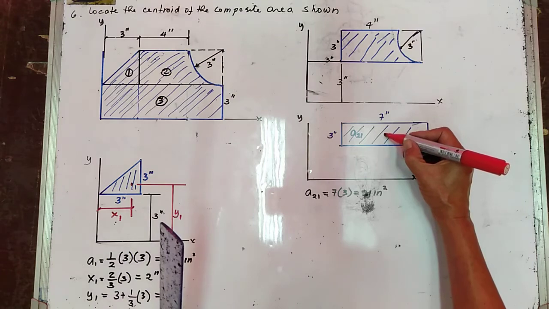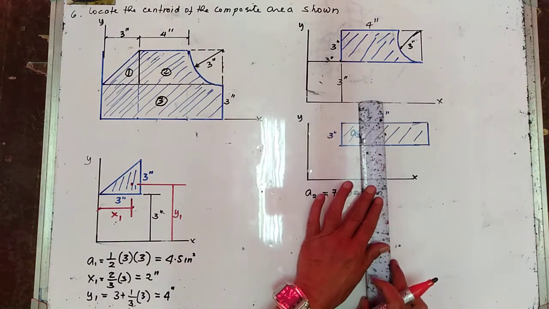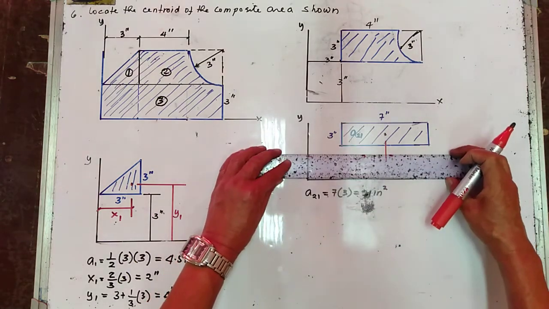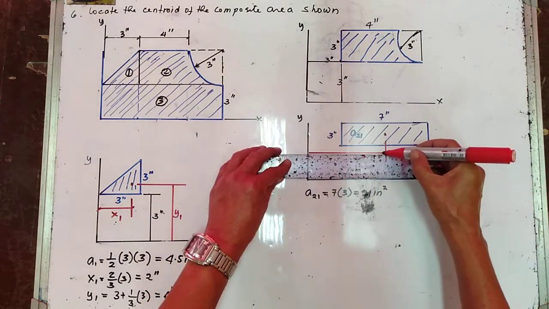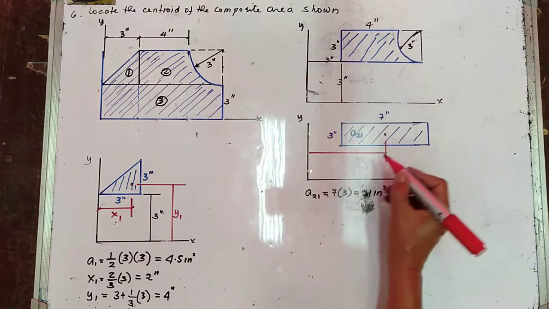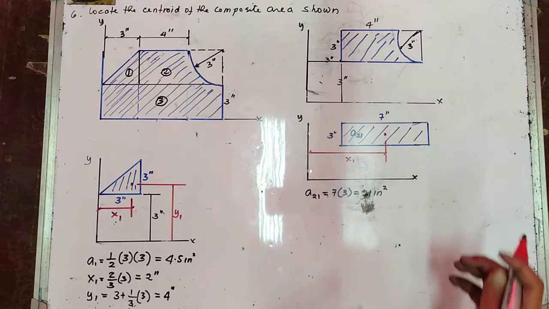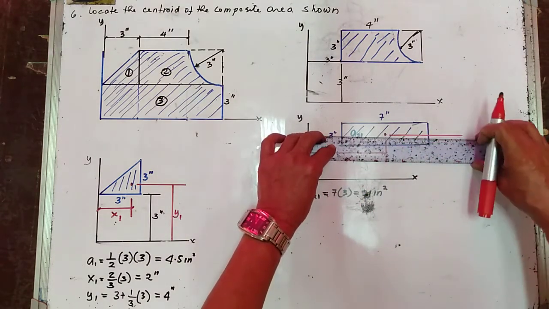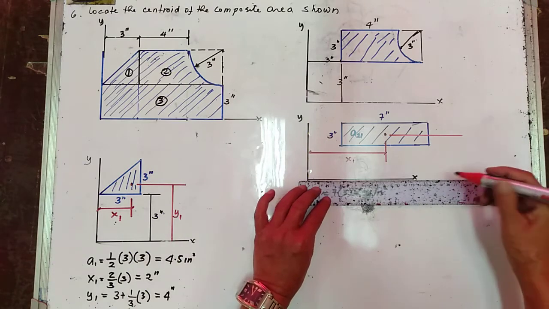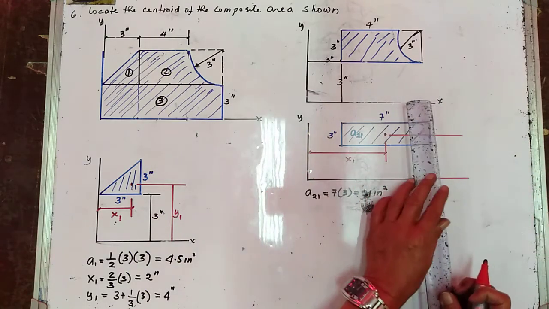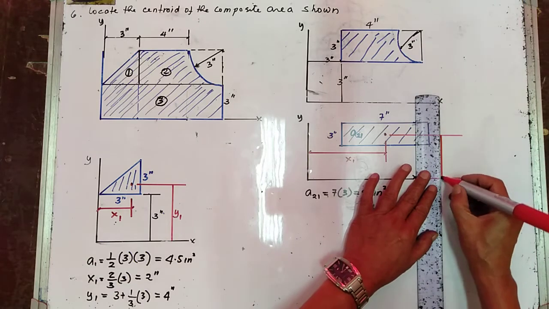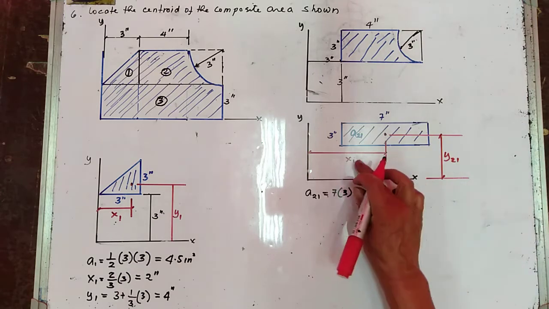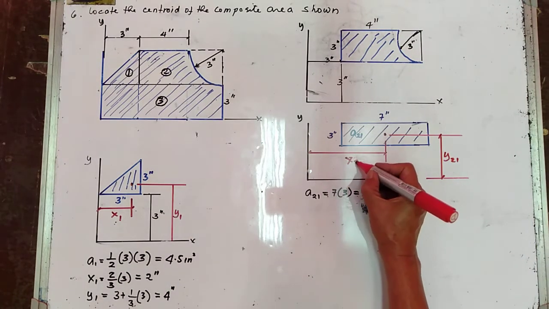So this is acting at this point. So that this one in here is now your x sub 2,1, and this is your y sub 2,1.